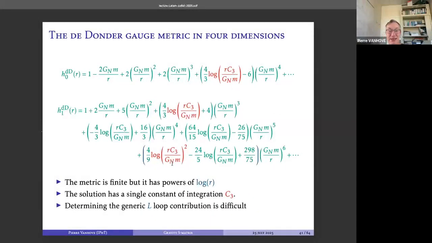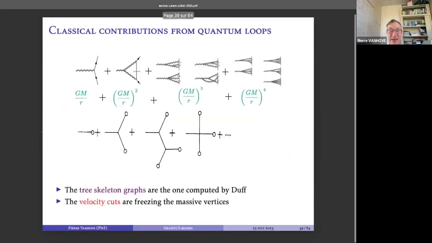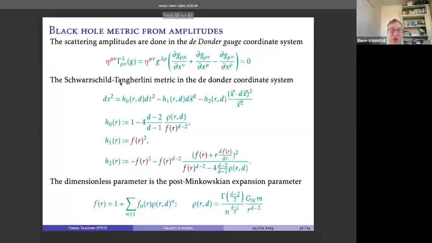And then you realize that the amplitude computation is done in the flat, de Donder gauge. This is eta mu nu g mu nu. So in fact, there are some residual symmetries left over. So you don't fix everything. So there is the possibility of doing some redefinition of the coordinate system.